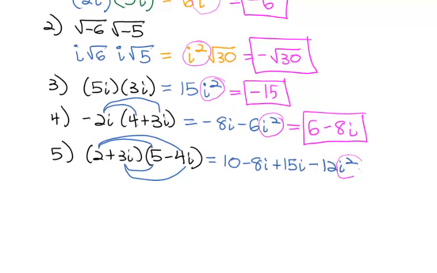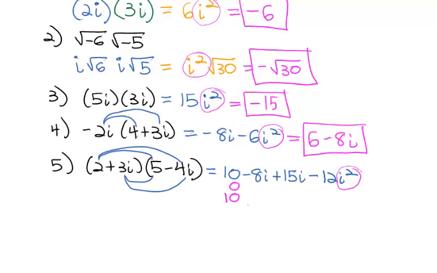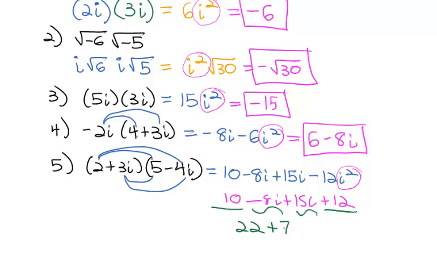And again, we see that I squared is negative 1. So what we really have is 10 minus 8i plus 15i, and then negative 12 times negative 1 is positive 12. And actually, we're not done yet here because we can combine like terms. 10 plus 12 is 22, and negative 8i plus 15i is positive 7i. And we have our product.